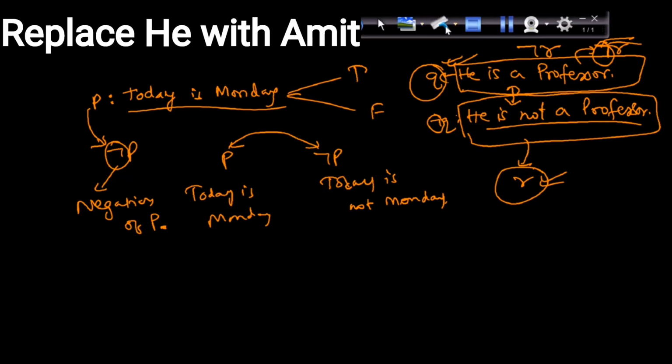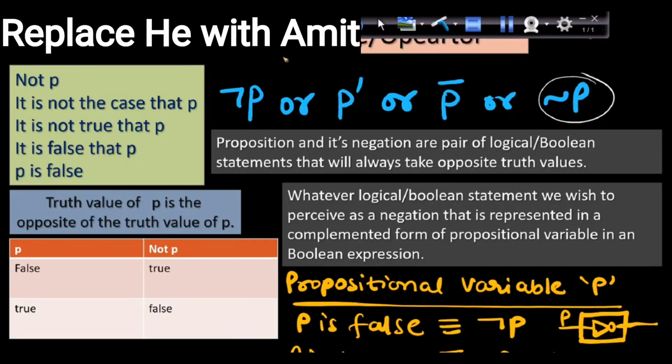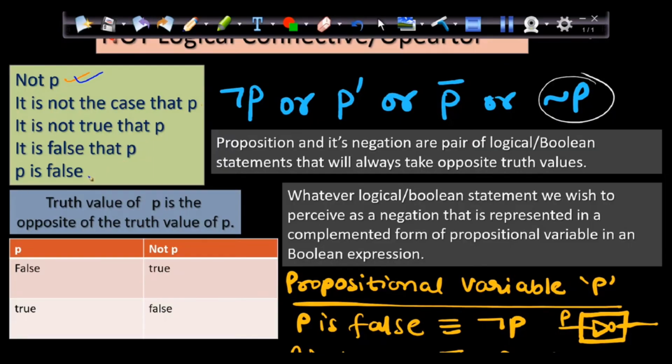I can say it in many ways: not that he is a professor, he is not a professor, it is not the case that he is a professor, it is not true that he is a professor, it is false that he is a professor, he is a professor is false. So these are the different ways to represent not in English.